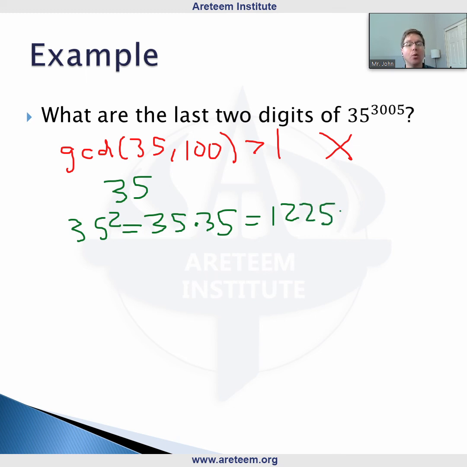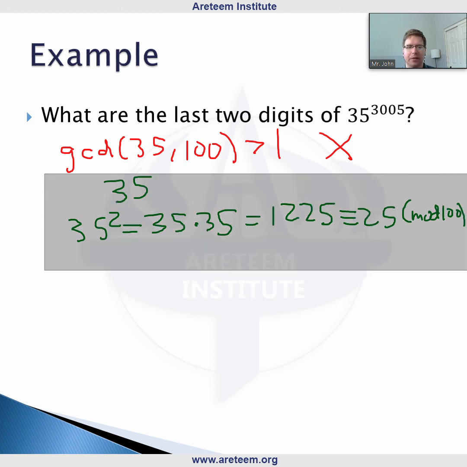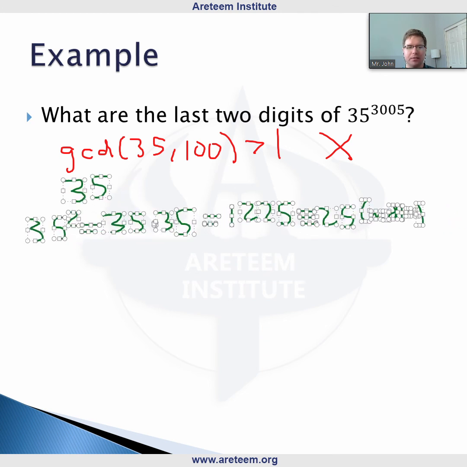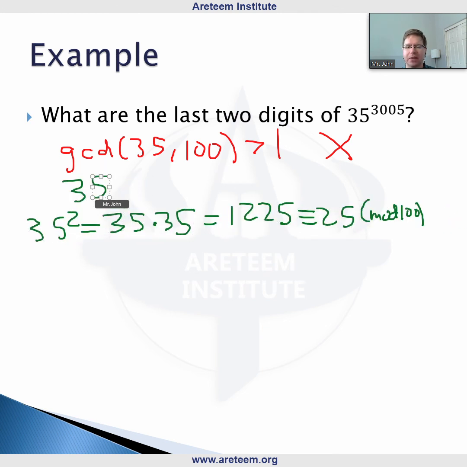But again, what do we care about? We care about the last two digits. So anytime we're doing this calculation, we only have to worry about the last two digits in this case. So we have 35 squared is equivalent to 25. Those are the last two digits for this setup there.